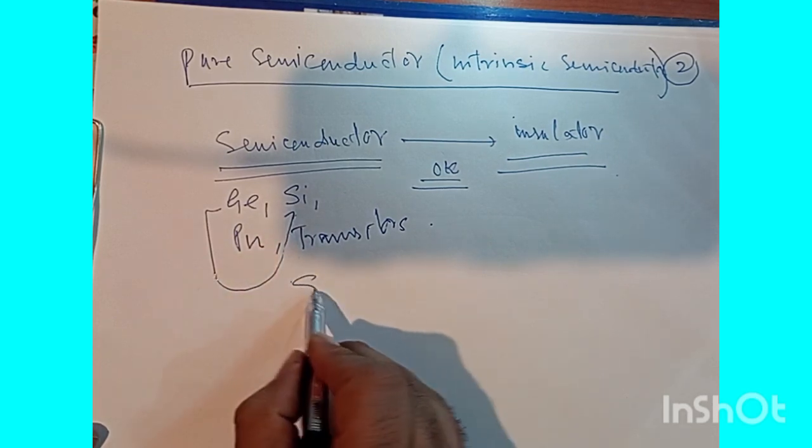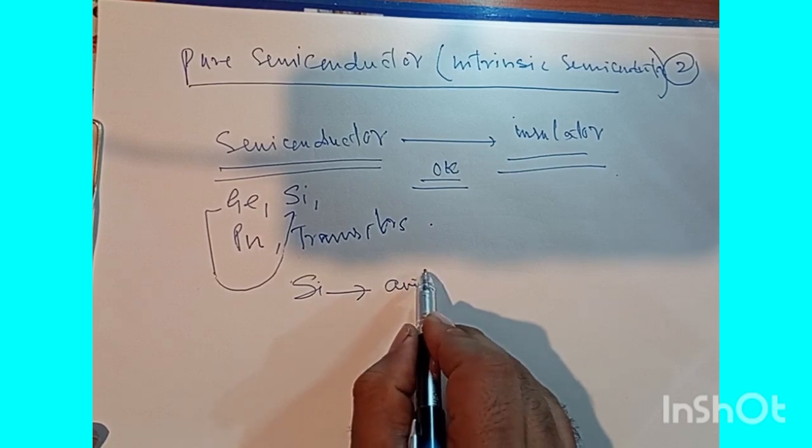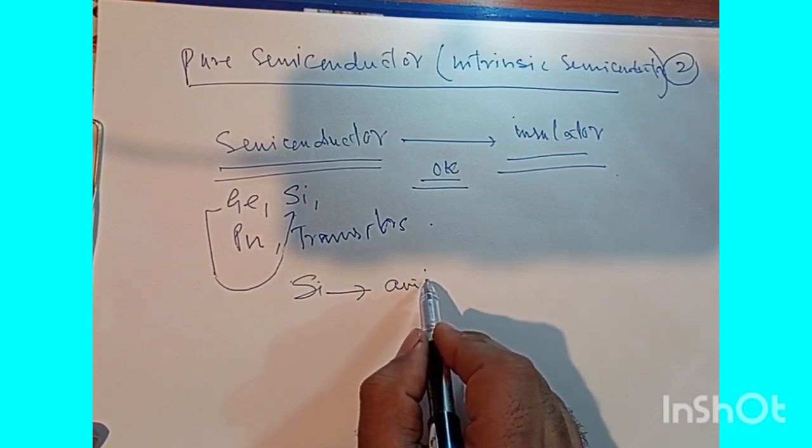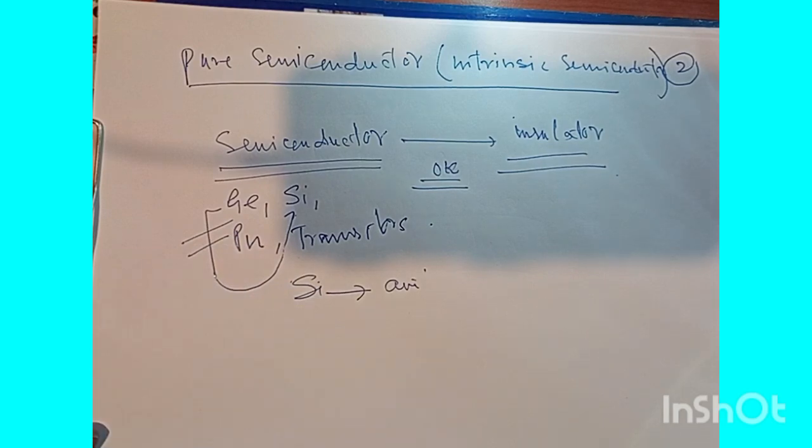So silicon is abundantly available, and germanium has been replaced in most electronic devices.